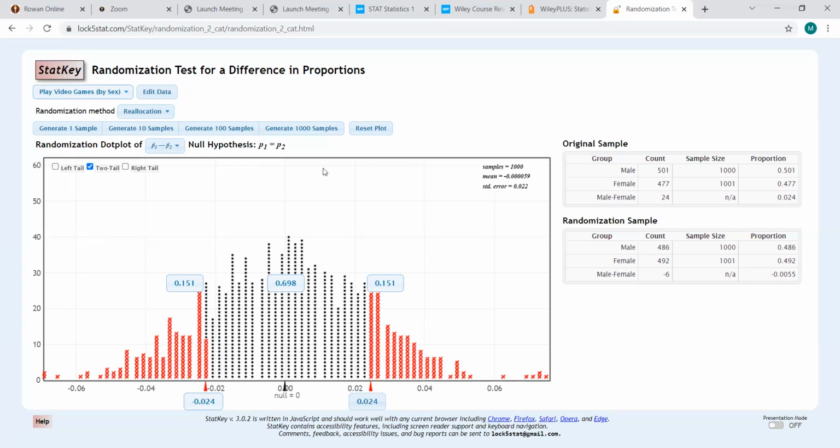Now, last time I gave you an analogy for what we do when we do a hypothesis test. The analogy has to do with a criminal trial, if you remember. So what happens in a criminal trial? Well, the null hypothesis is that the person is not guilty, right? The person is innocent.